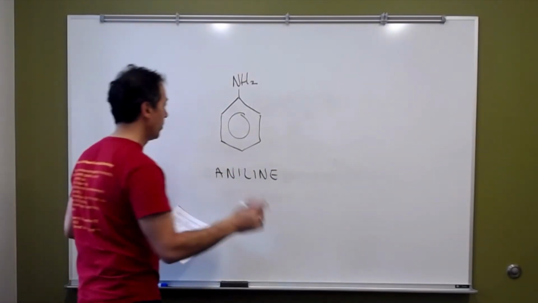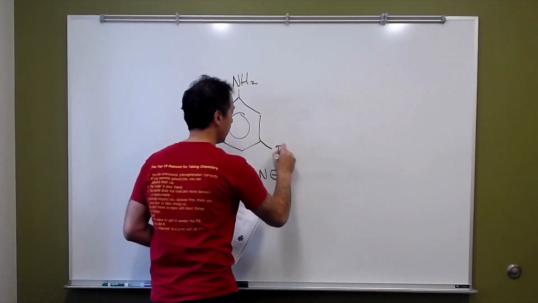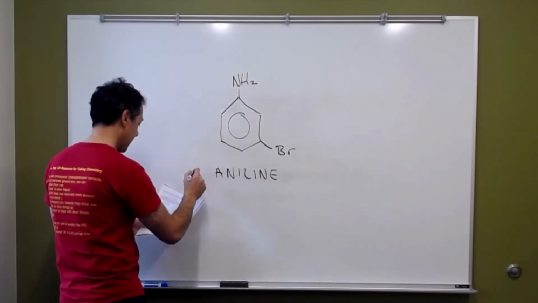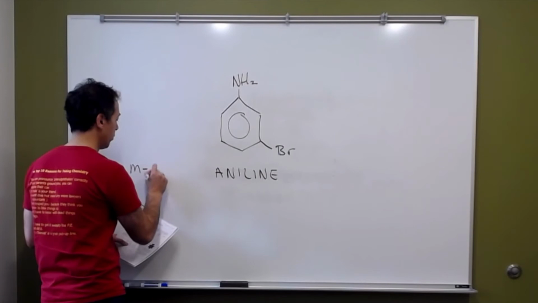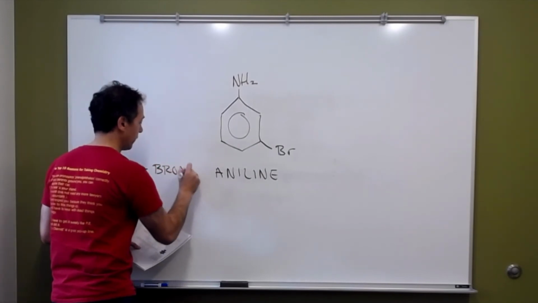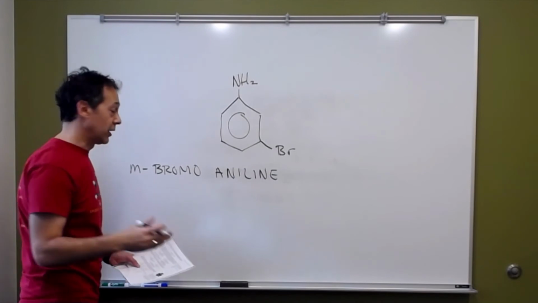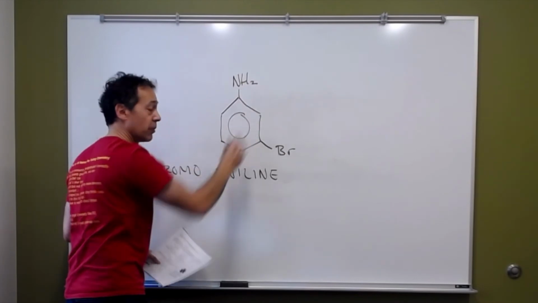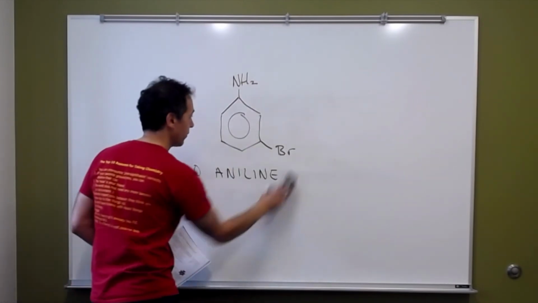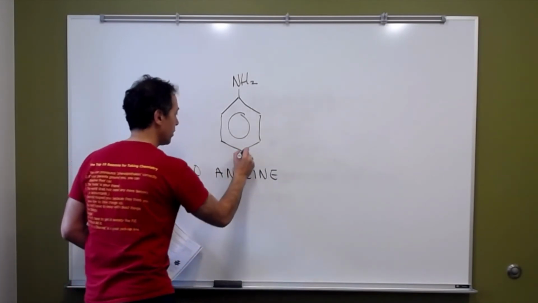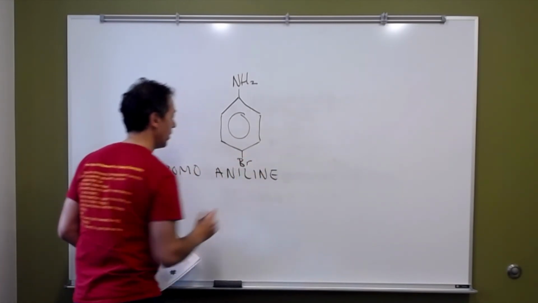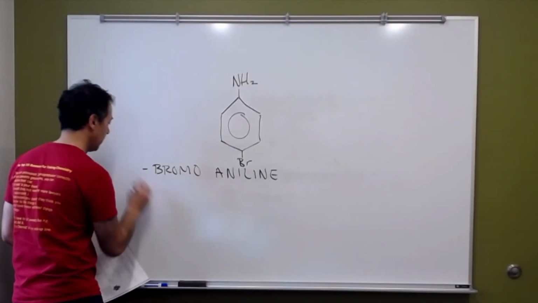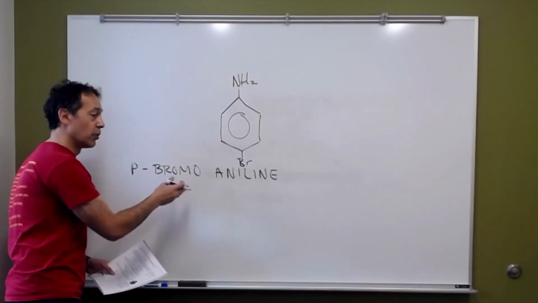And so if we had, say, a bromine attached like this, then this here might be m-bromoaniline, and that's to say it's in the meta position. Meta position is like 2 carbons apart like this. And if that bromine was, say, here in this position right here, then that is in the para position. Okay, so this would become p-bromoaniline.